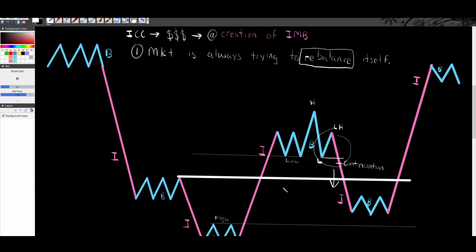Okay. And then so really the area of imbalance truly then becomes everything under this low and everything above this high. And this is what I would call, in a way, my true imbalance or whatever.